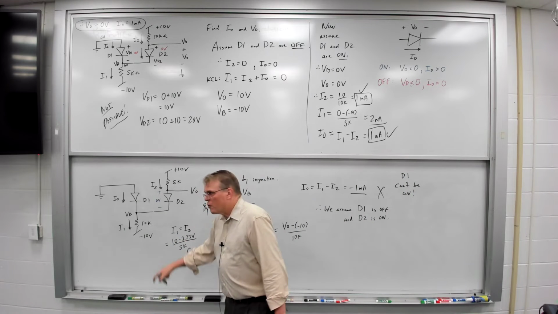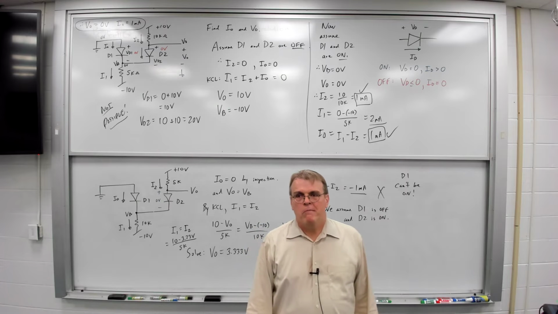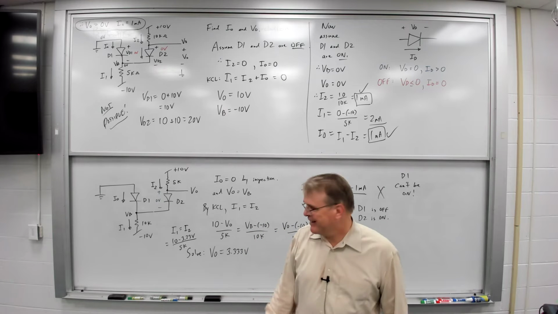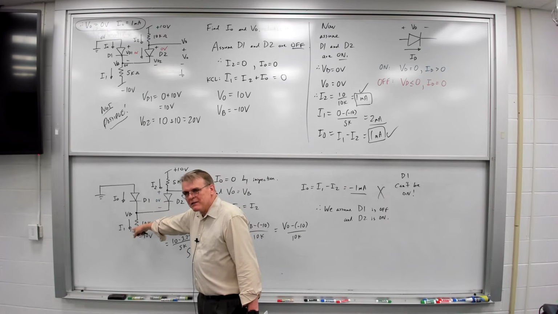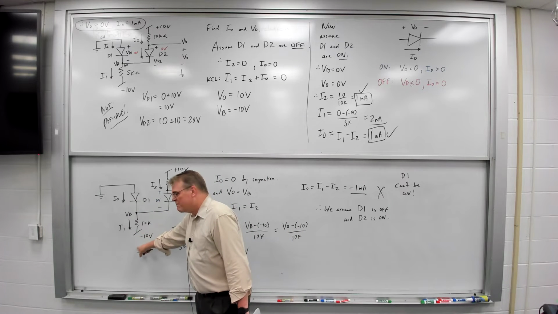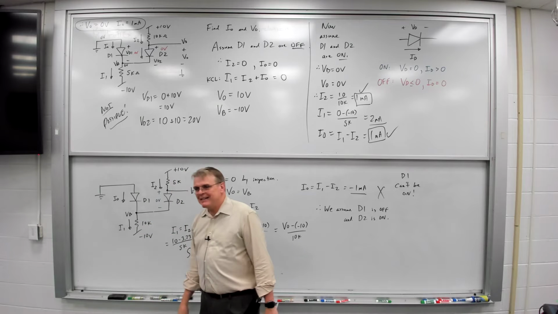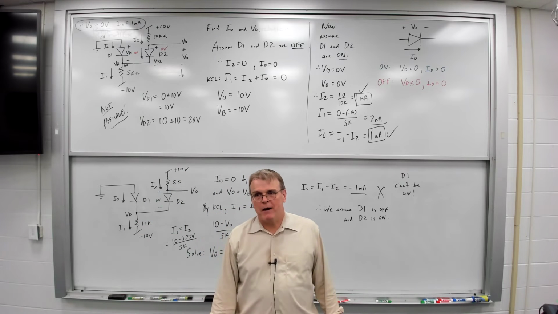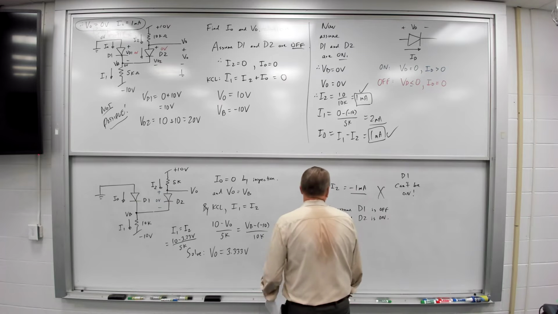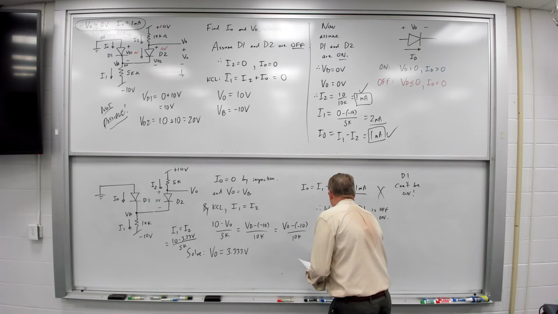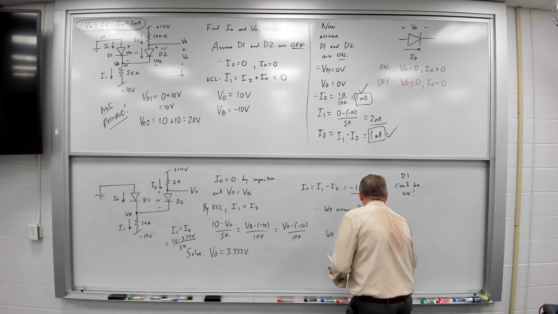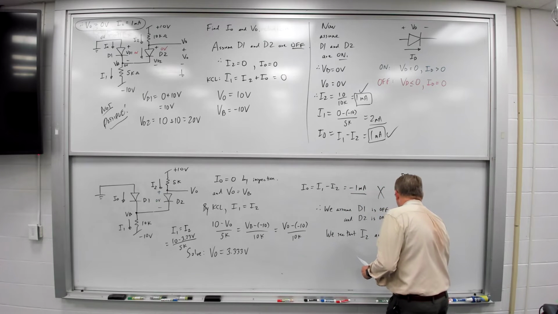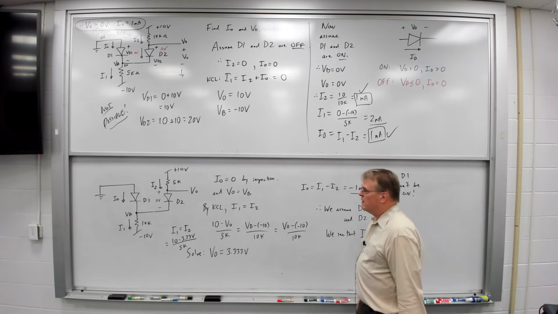Is that current greater than 0? Yeah. Okay. Clearly, that's a positive current. This is a positive current. 3.33 volts plus 10 divided by 10K must also be positive. And so we see that I2 and I1 are greater than 0.